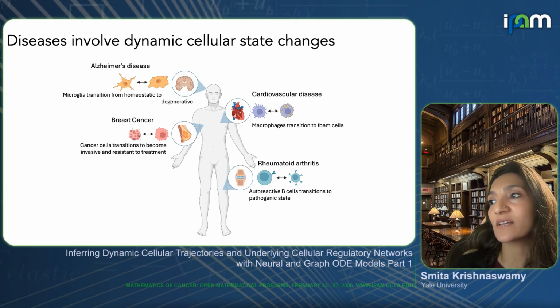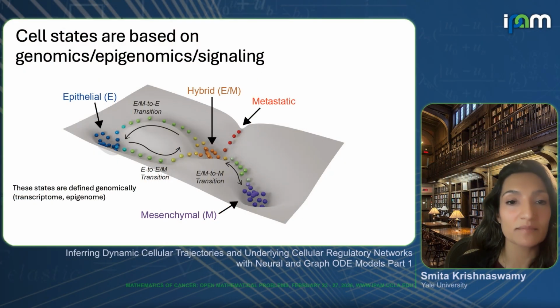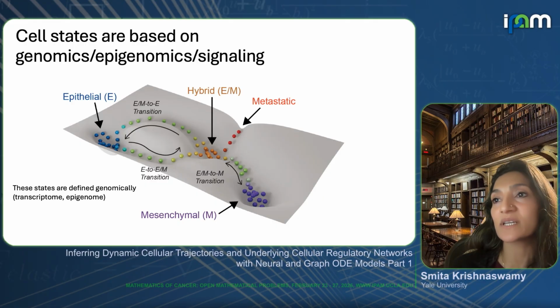So these kinds of cellular state changes accompany almost every disease. There could be some genetic background for it, but these states are largely defined based on genomics, epigenomics, and signaling. So there are some predispositions potentially due to mutations, but one of the things about these cell states is that they can also switch back and forth.